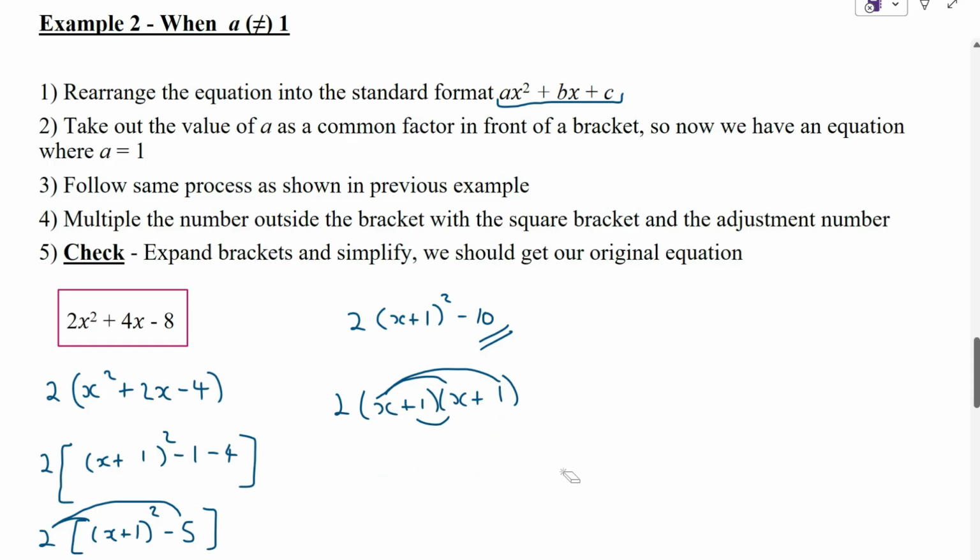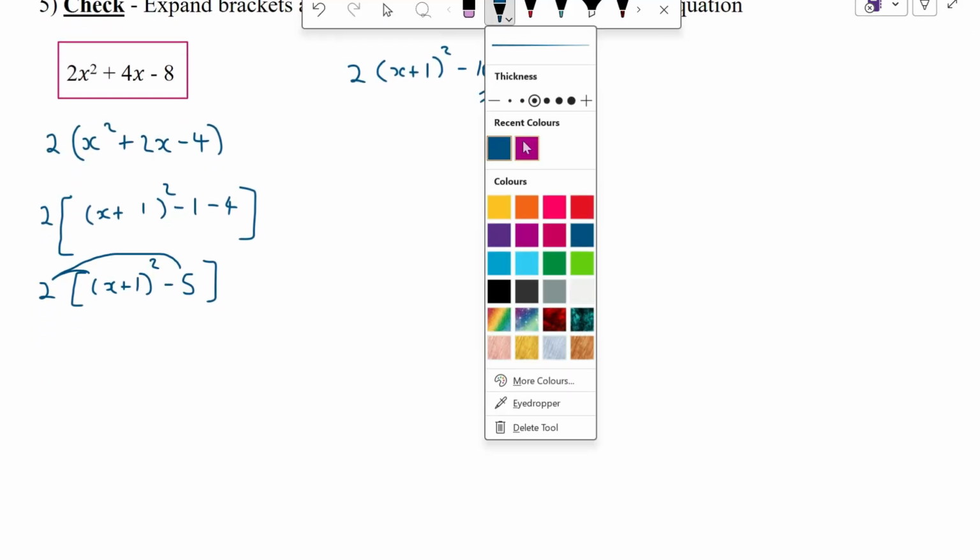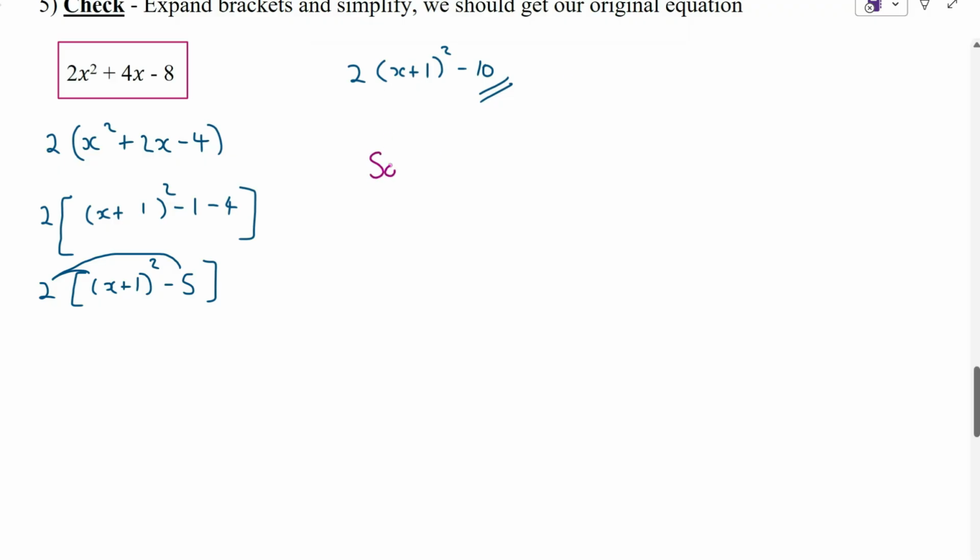Let's get rid of all of this here. So if we're solving for x, we need this equation to equal 0. And now we just rearrange and solve as normal.